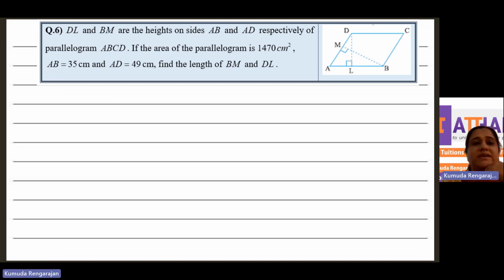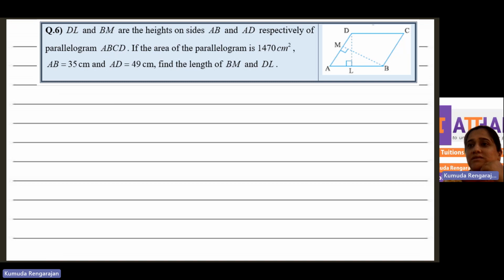It's touching the base AB, and it's called the altitude because it makes 90 degrees with AB. We recognize DL as the altitude because it makes 90 degrees with AB.